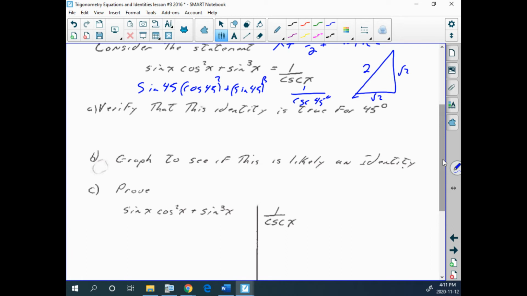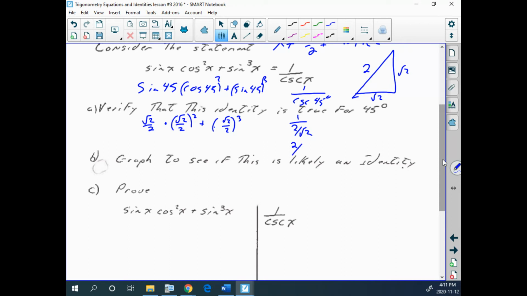Using my special triangle, sine of 45 is square root 2 over 2, cosine square root 2 over 2 squared, and then we have square root 2 over 2 cubed. Cosecant is hypotenuse over opposite, so 1 over 2 over square root 2.